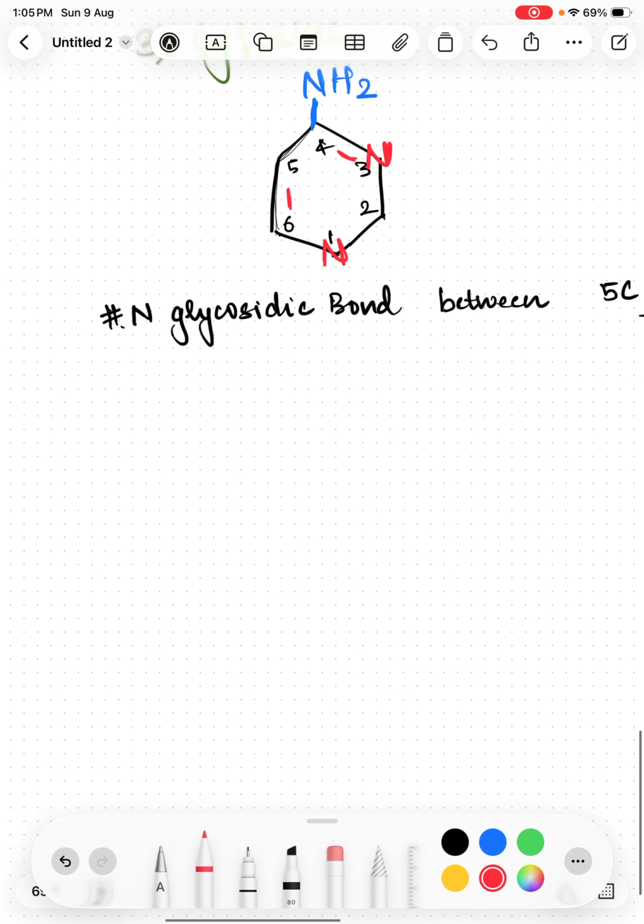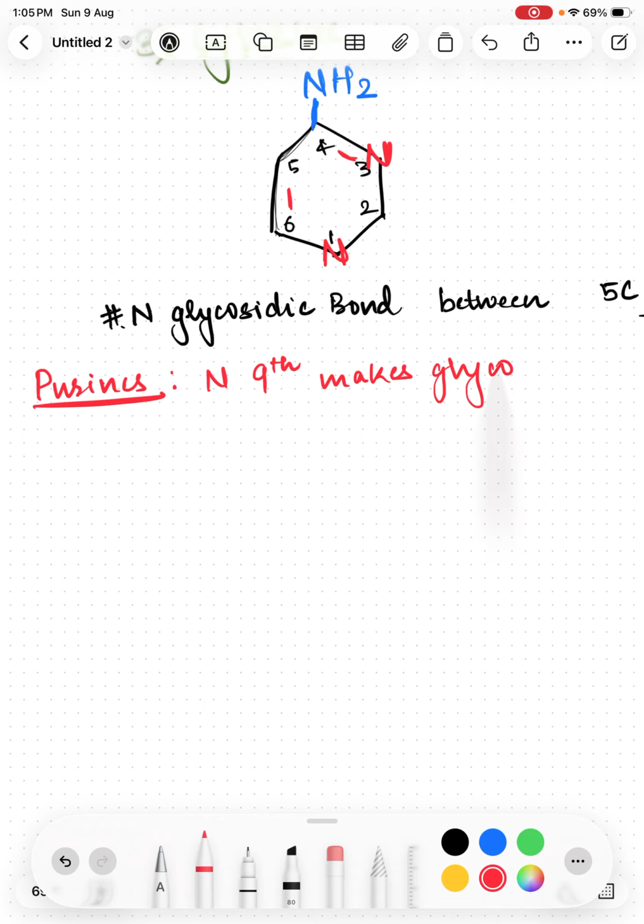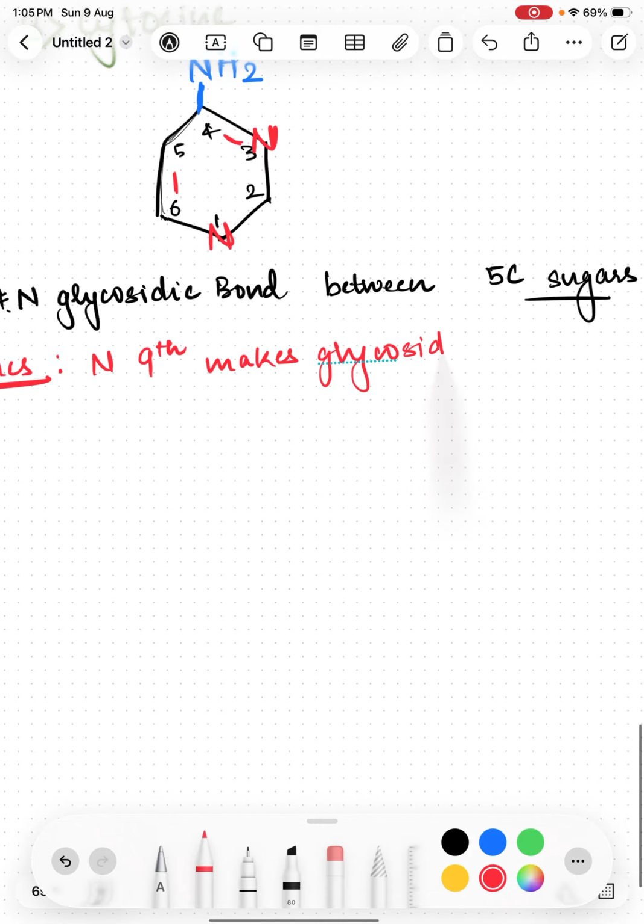Now, in case of purines, the nitrogen present at number 9 makes a glycosidic bond with the 1 prime carbon of the pentose sugar.